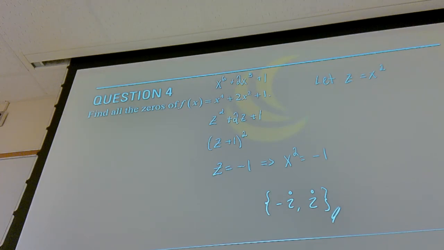And then everything would be the same. z is -1, which means x cubed is -1, so x is -1. Now there's a problem with that. That -1 is multiplicity 3, which means you have 3 zeros left. Always try a quadratic form first.